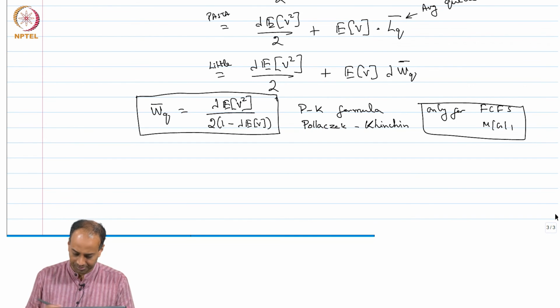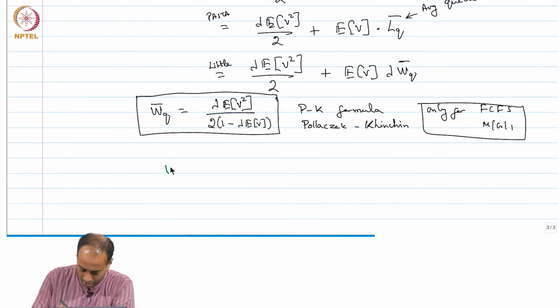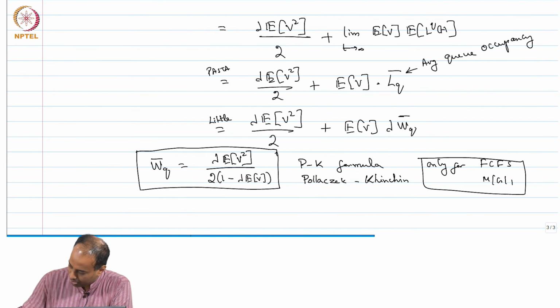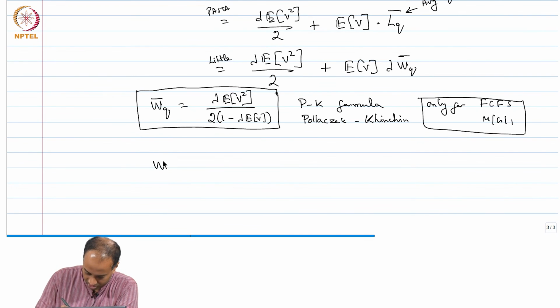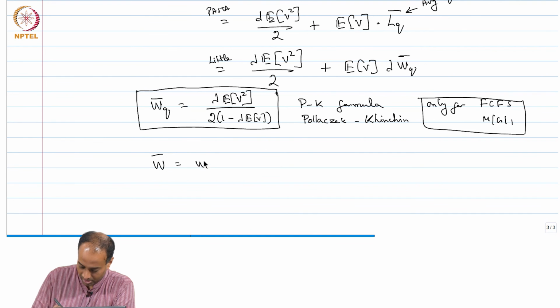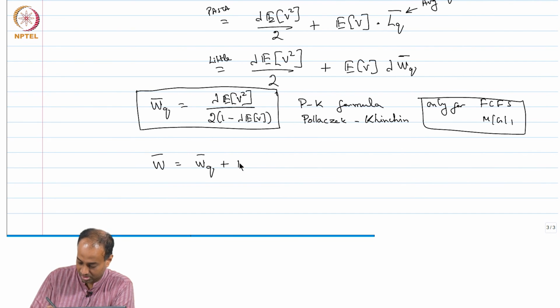Okay. Anyway, so this is WQ bar, which is the expected waiting time in the queue, and W, which is just, let us say W bar, right, which is the average system time, will be WQ bar plus how much? That customer's service time, right.